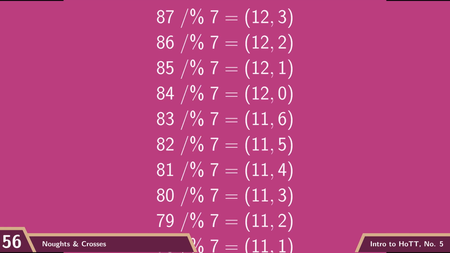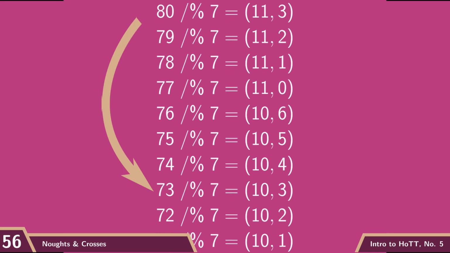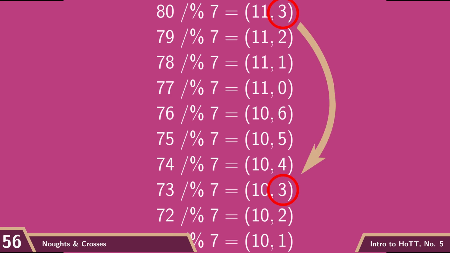To see how this recursive algorithm is going to work, here are several numbers integer divided by 7. You can probably see the pattern: if I jump down from 87 to 80, or 80 to 73, then the remainder is the same, and the quotient, the first number, just gets incremented as I go up.